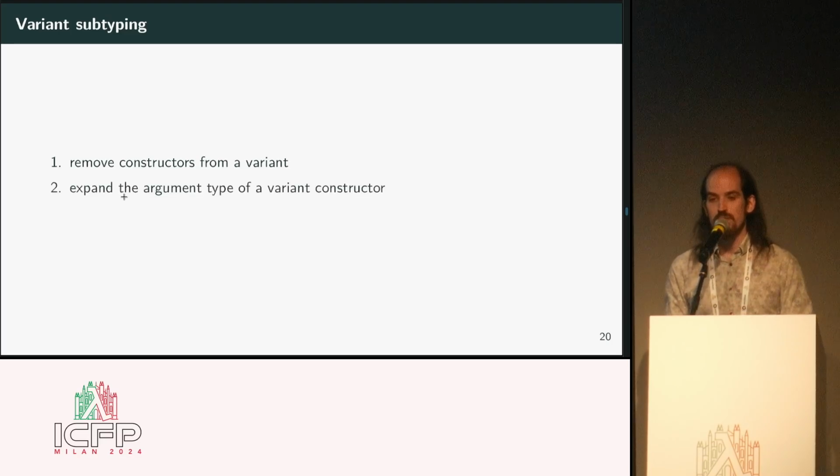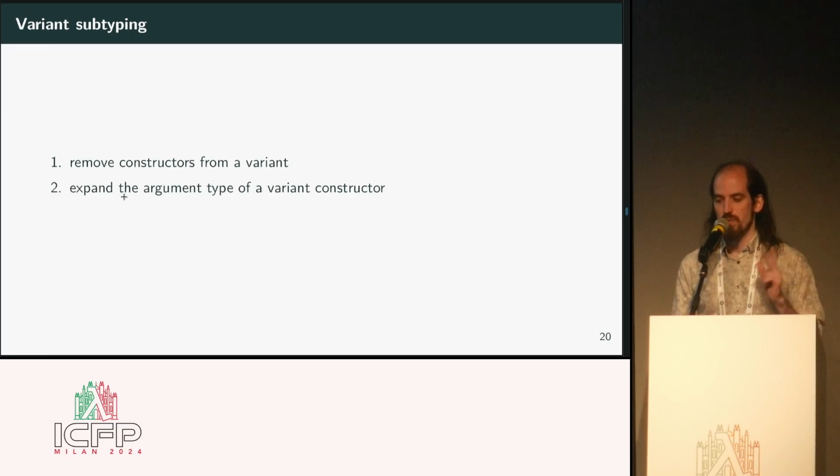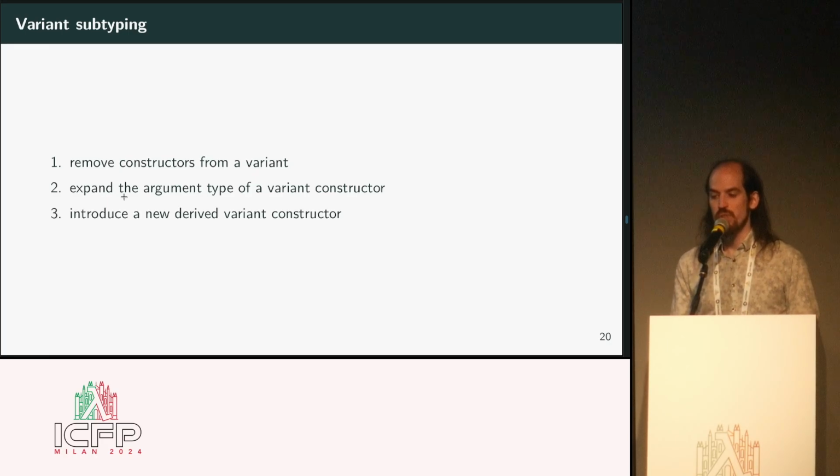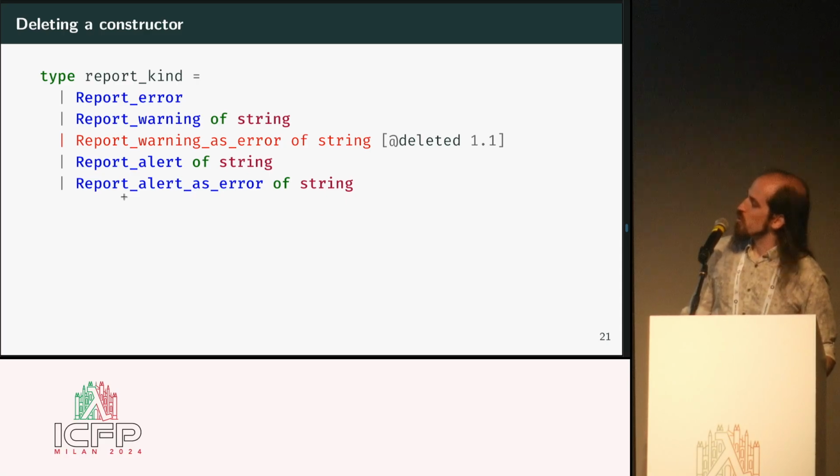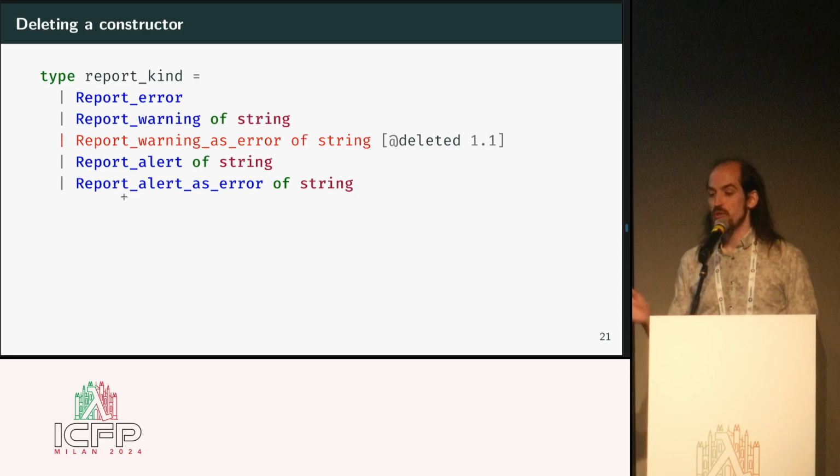So first, an easy rule to implement is to allow a minor update to expand the argument type of a variant constructor. The third rule is to introduce a new derived variant constructor. So what does that mean? Let's go back to the example: for deleting a constructor, I just remove a constructor, it's fine.